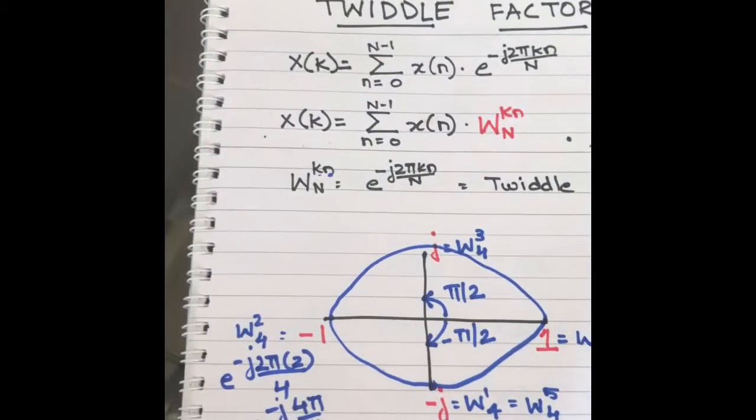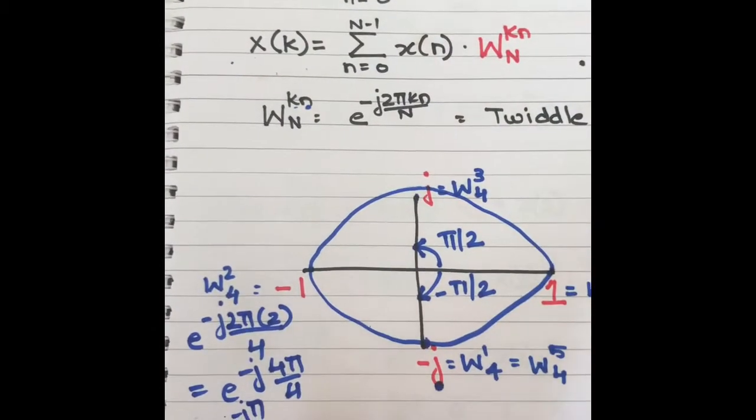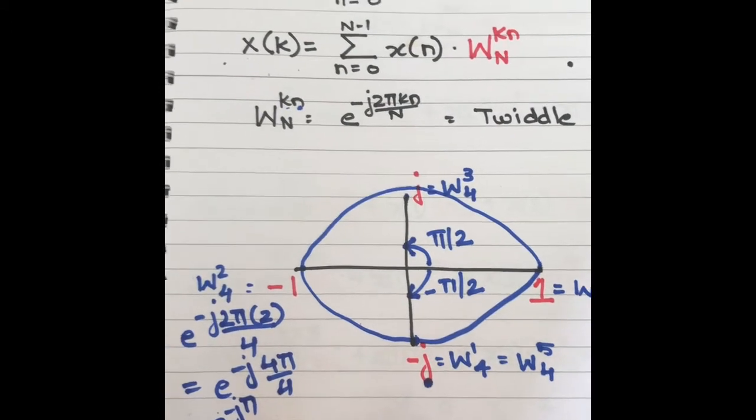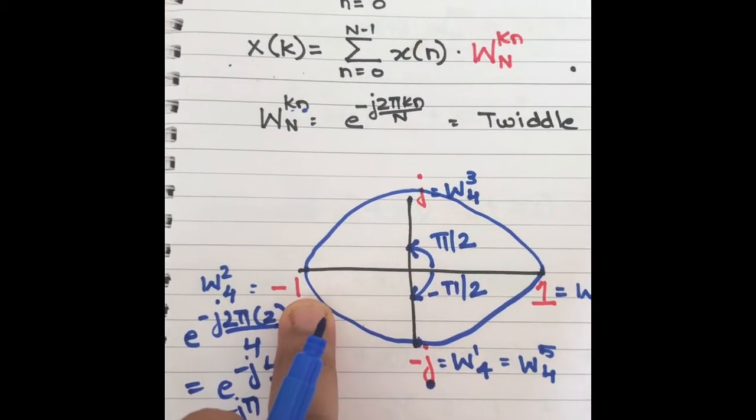Now e raised to minus j pi is cos pi minus j sin pi. Cos pi is minus 1, sin pi is 0, so it is minus 1.